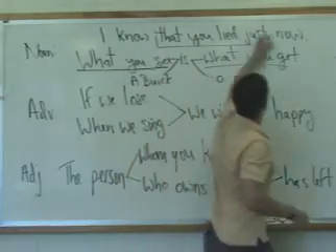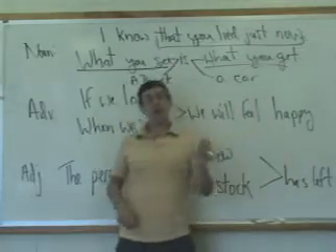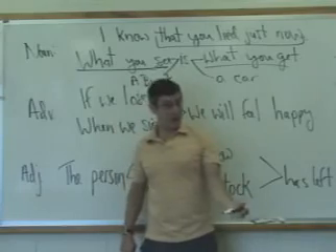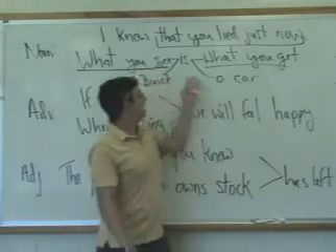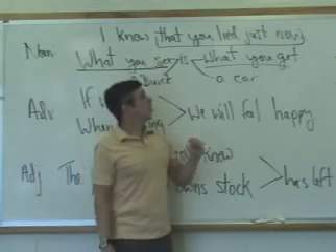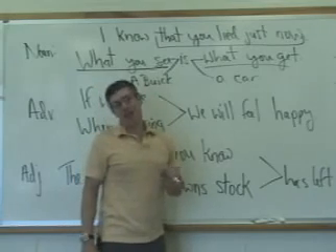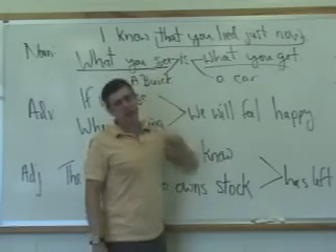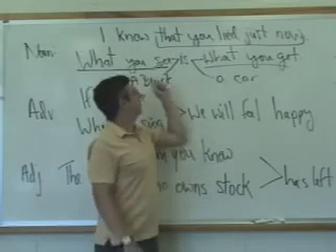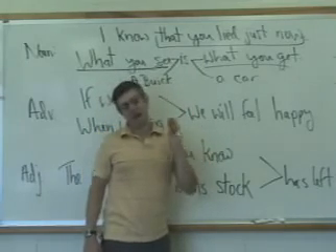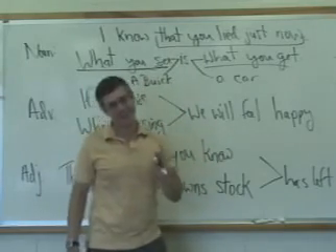So here, I know a secret. Secret is the direct object of know. And here the direct object of know is that you lied just now. So this is likewise, just like secret, functioning as a noun. It's a subordinate clause functioning as a noun.